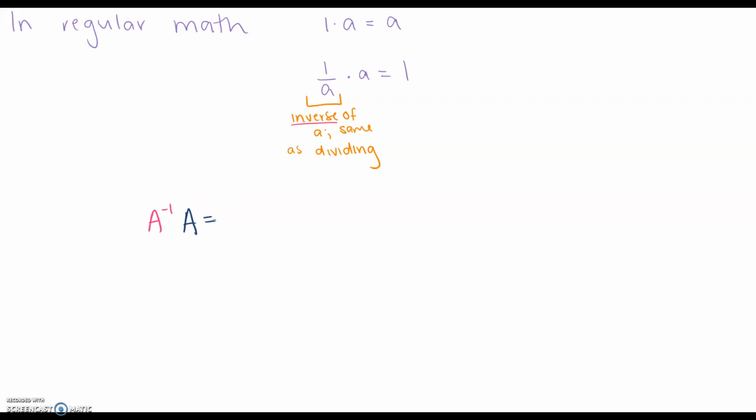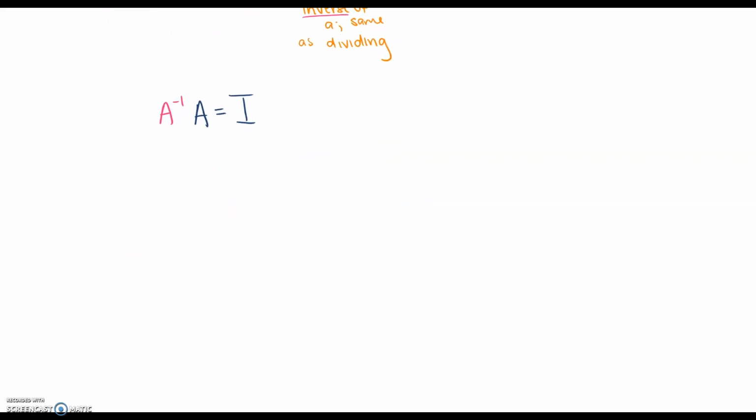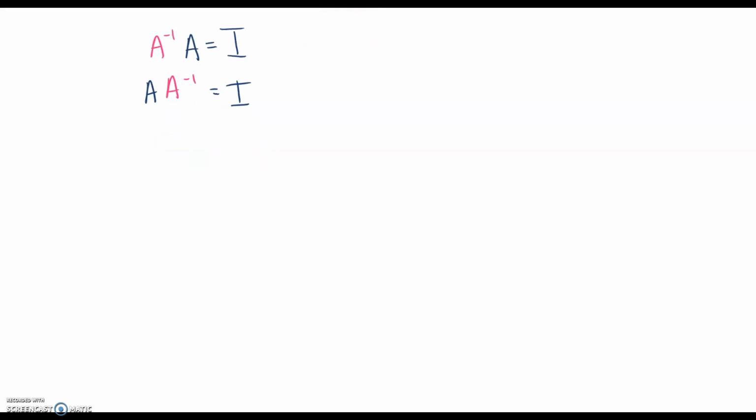Matrices don't have just a number 1, but we have the identity matrix. So if we multiply an inverse times the original matrix, we will get the identity matrix, and that should also work the opposite way. So A times A inverse will give us the identity matrix. So yes, there is such a thing: the inverse matrices.